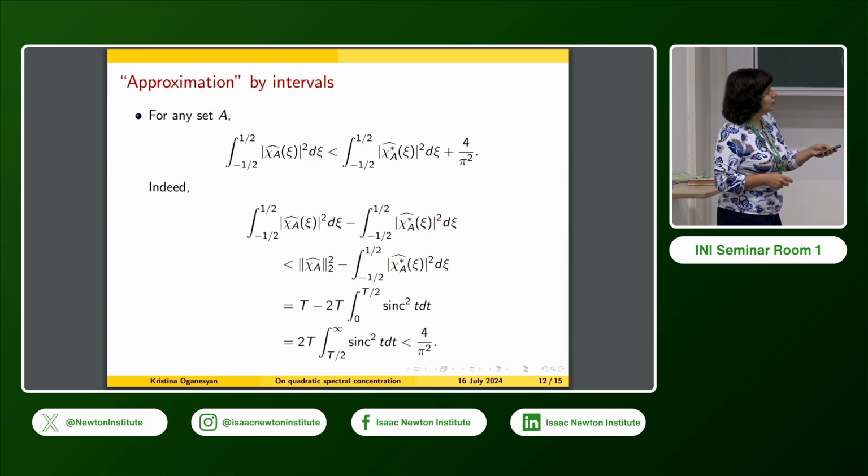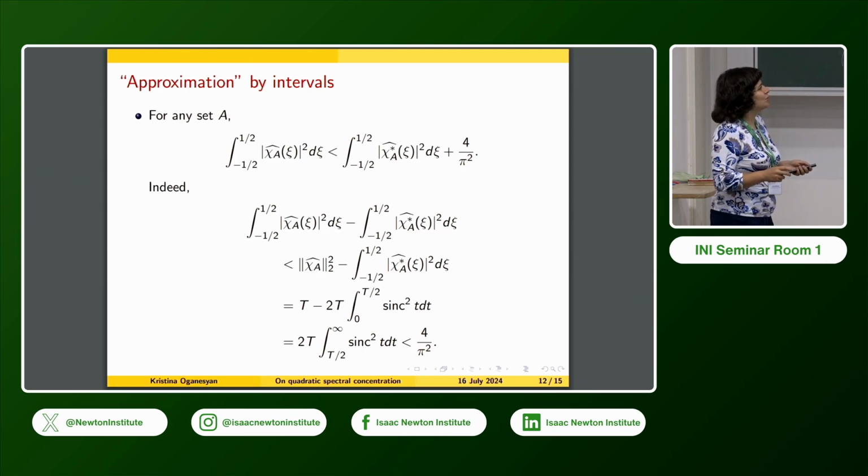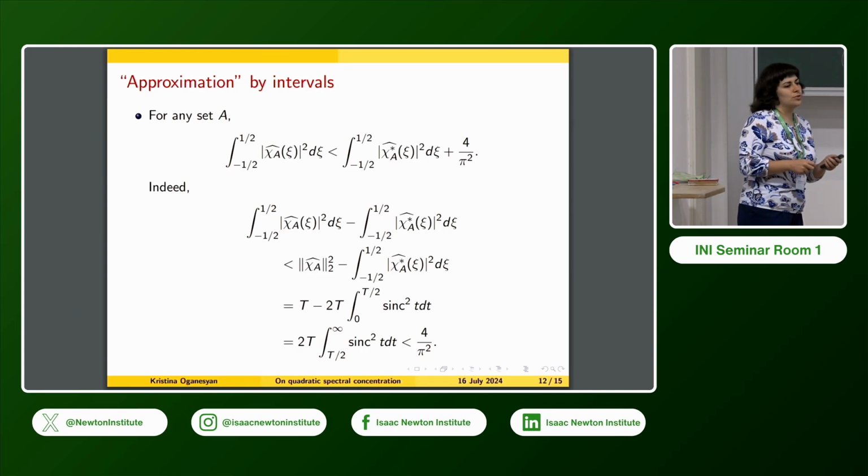So you can see that this integral here cannot exceed the integral over the whole line, which is the L2 norm, which is exactly the measure of your set. And this is bounded by a constant. So the interval is very good already. So the best you can do is to overcome this integral by some constant which does not depend on the measure of your set, nor on the points you choose.